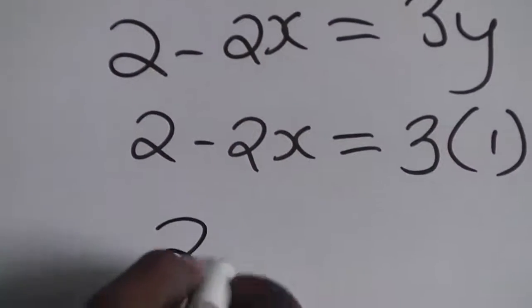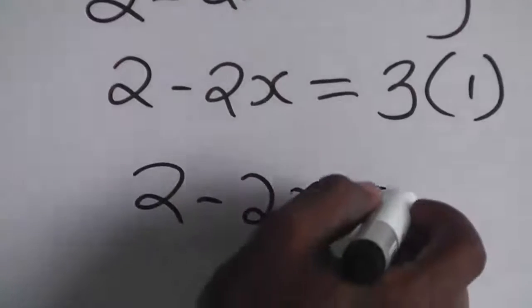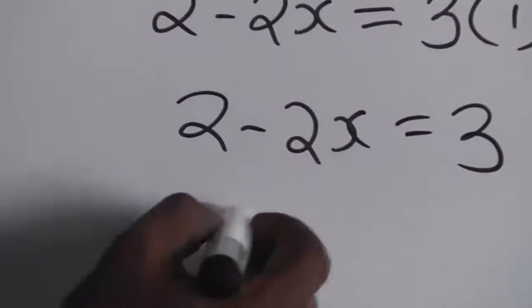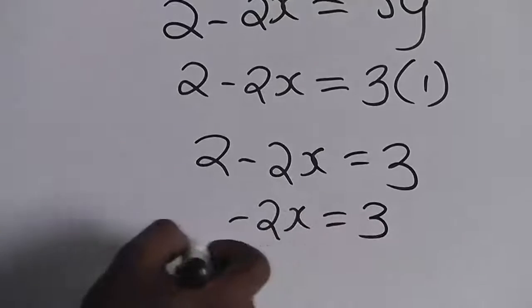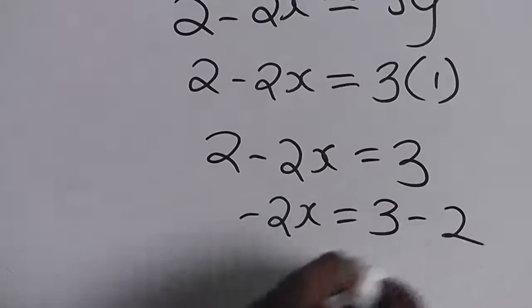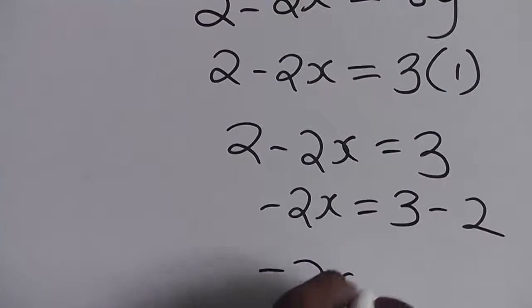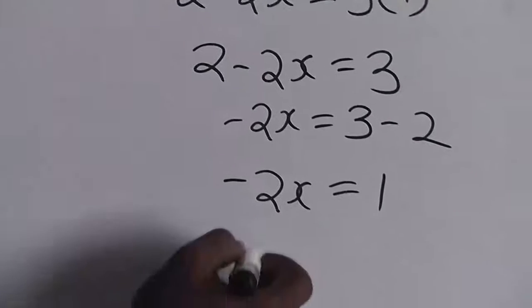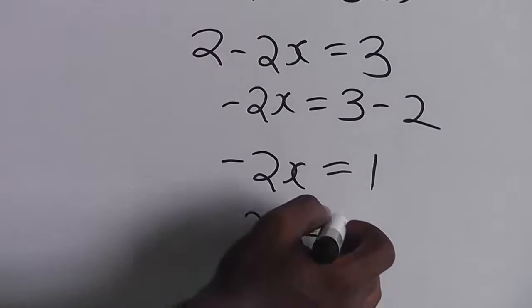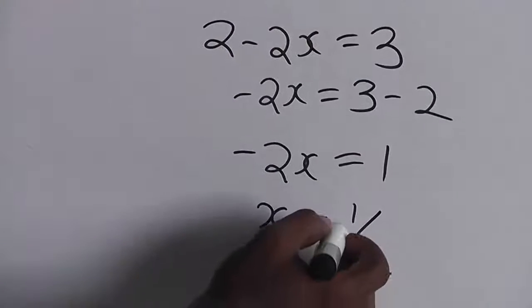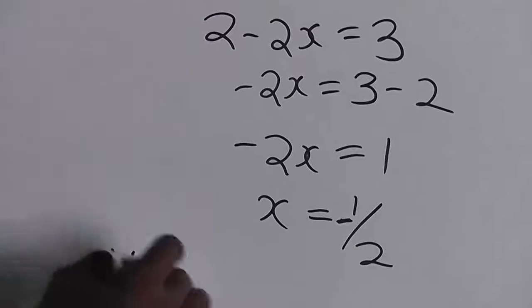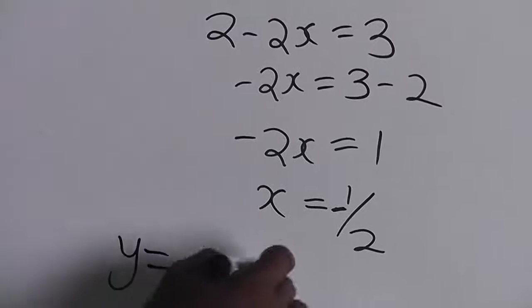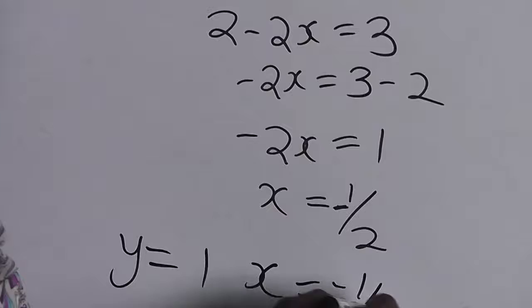And then we have 2 minus 2x is equal to 3. Minus 2x is equal to 3 minus 2. And minus 2x is equal to 1. Our x is equal to 1 over minus 2. So when our y is equal to 1, our x is equal to minus 1 over 2.